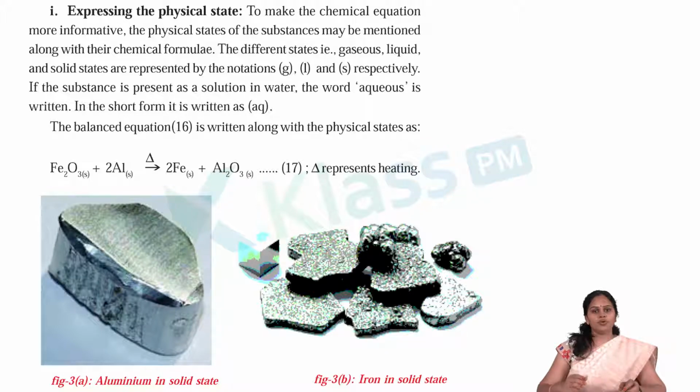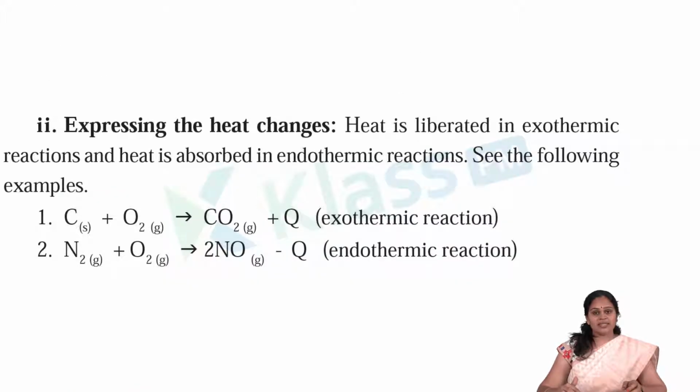Now we have seen how to represent in the formula the physical state of the reactants. Now let us see expressing the heat changes, how heat is released or absorbed. Heat is liberated in exothermic reactions and heat is absorbed in endothermic reactions. See the following examples.